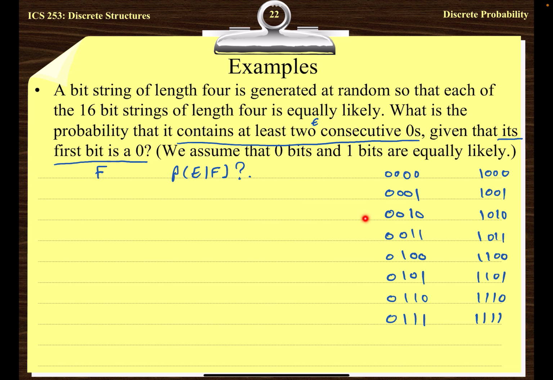This one, the third, the fourth, the fifth, the first 5, right? All of them belong to E. And the one after that? No. Okay, let's go to the other side: yes, yes, no, no, yes, no, no, no. Okay, so these are the outcomes of E where I have at least 2 consecutive zeros. Okay, now let's do F.